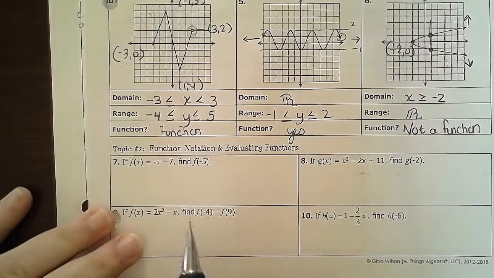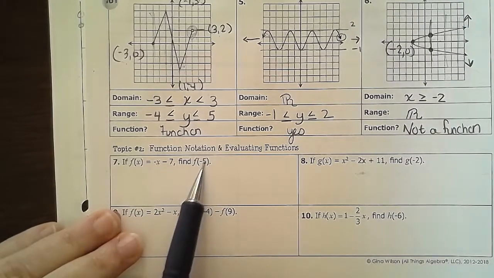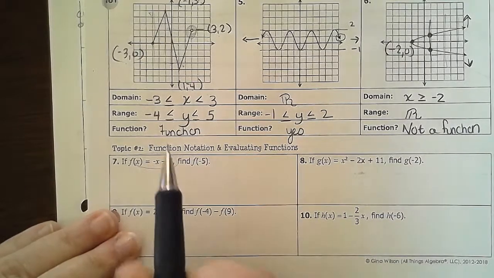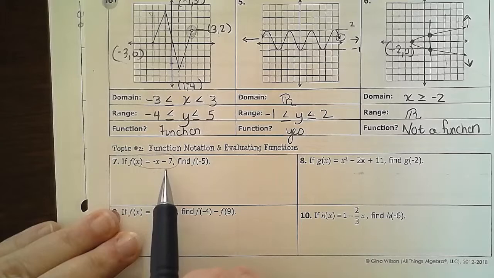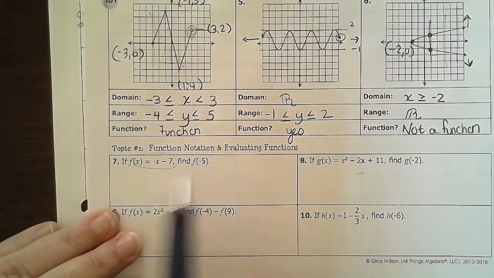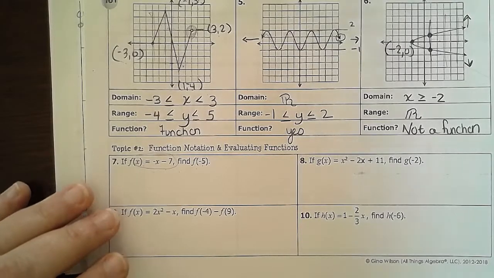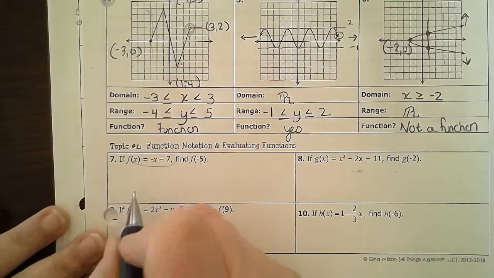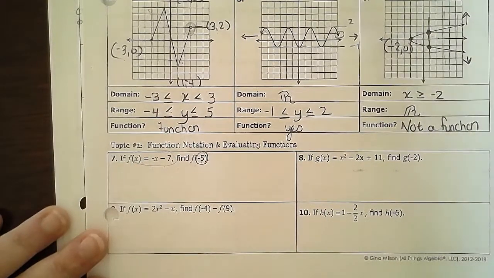Okay, so here I want to go over function notation. So we're given a function right here, and the way we pronounce this is f of x is equal to negative x minus 7. And they say, okay, find f of negative 5. All right. Now, what I have to do is I'm plugging in this negative 5 into my x value.